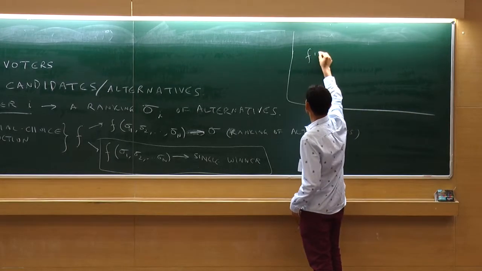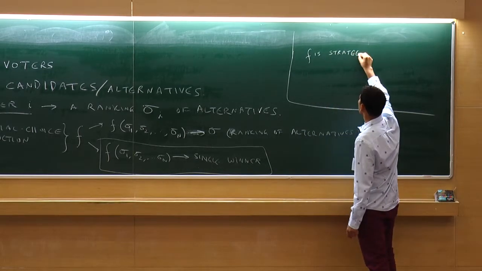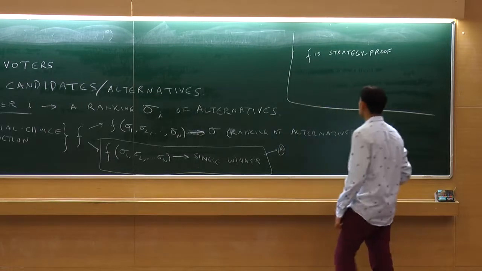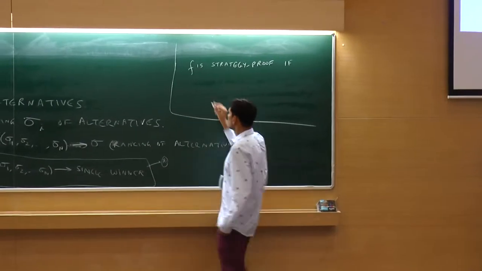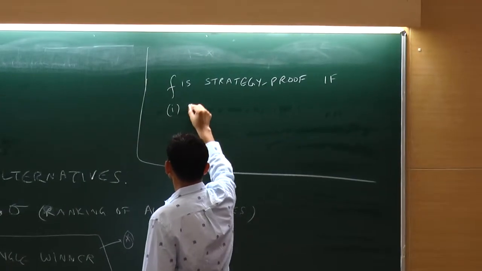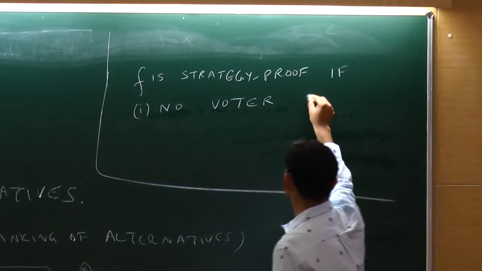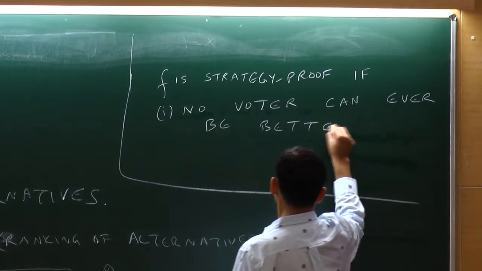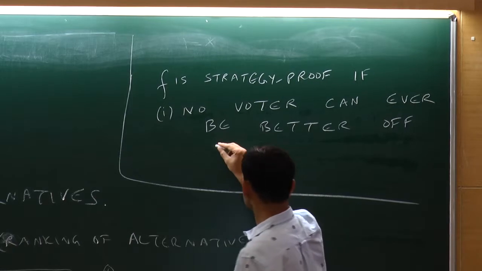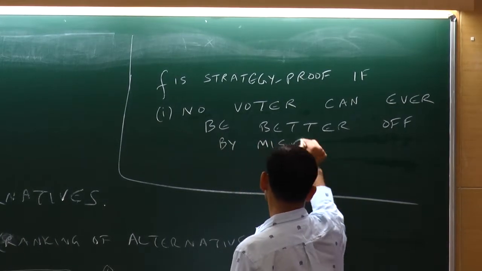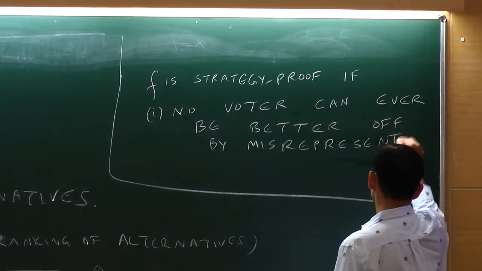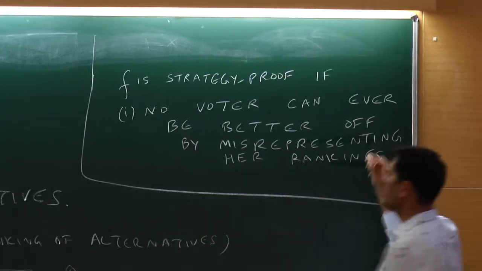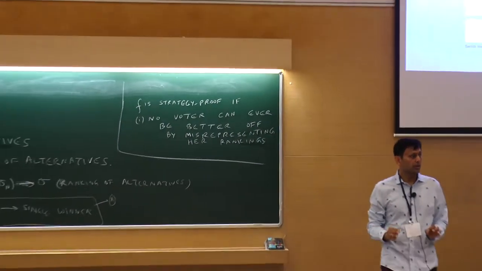So we'll say F is strategy proof if, first of all, no voter can ever be better off in any situation whatsoever by misrepresenting her rankings.